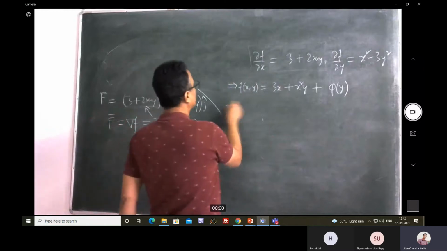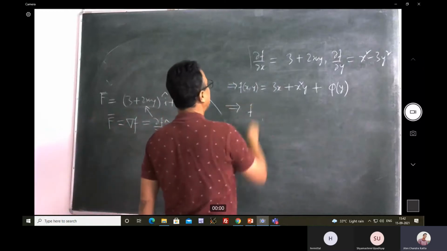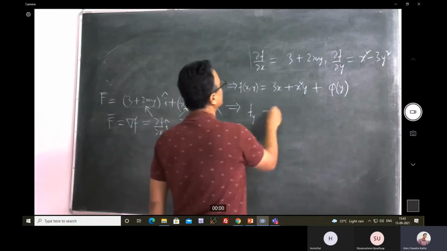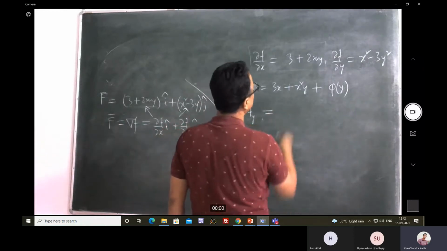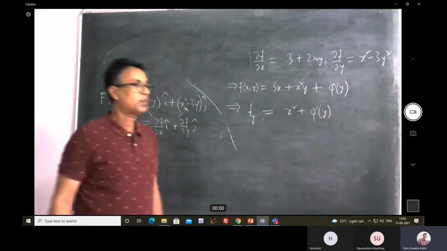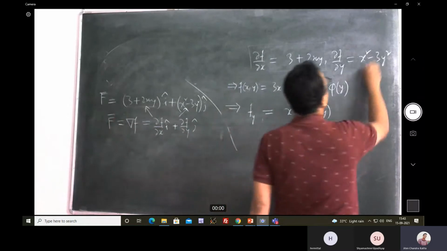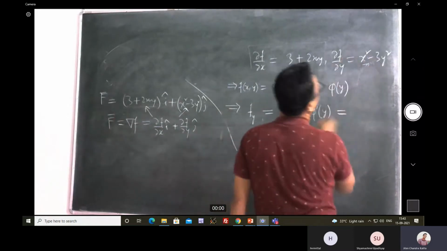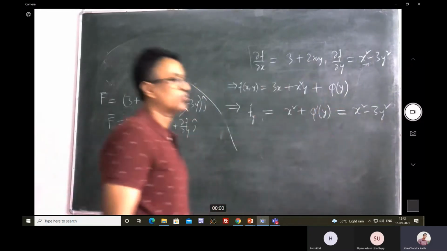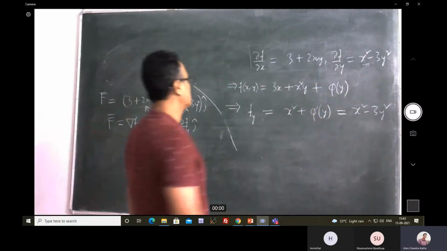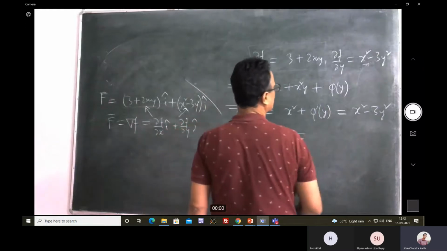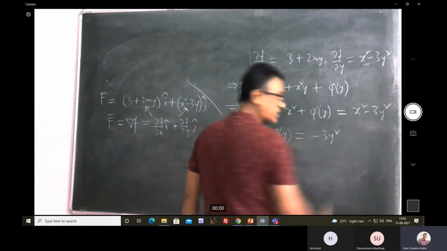Okay. So now from here, if I again differentiate partially this function with respect to y, then you will see that this is x squared plus phi prime of y, and we have been given that this is equal to x squared minus 3y squared, right? So that means phi prime of y must be equal to minus 3y squared.